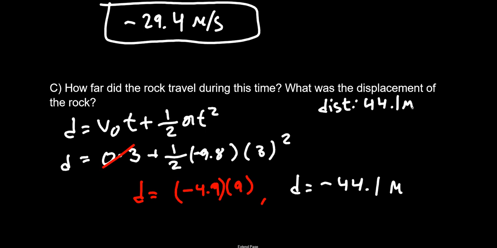So when we have the displacement, this is going to be negative 44.1 because we need to specify a direction. In this case, we're moving in the negative direction, the negative y direction.